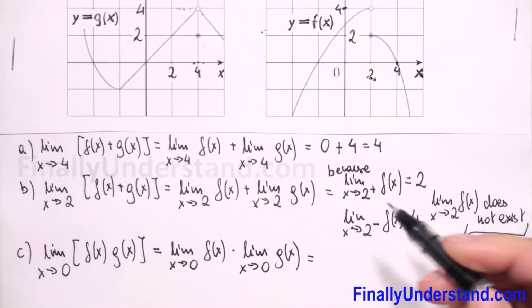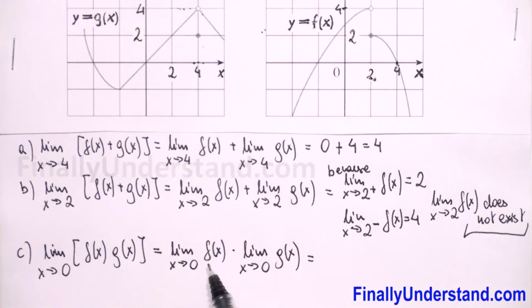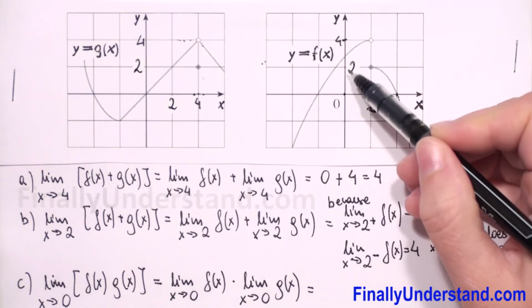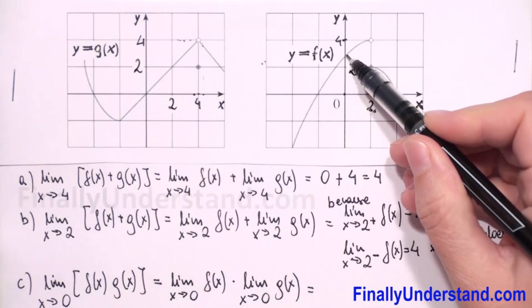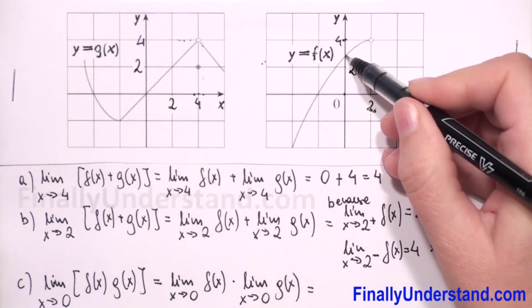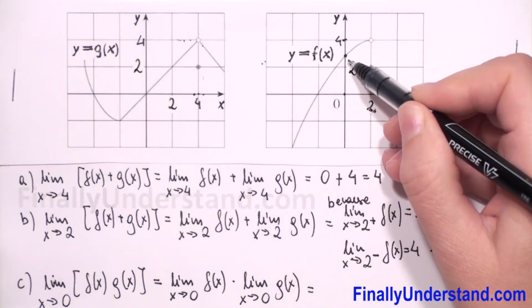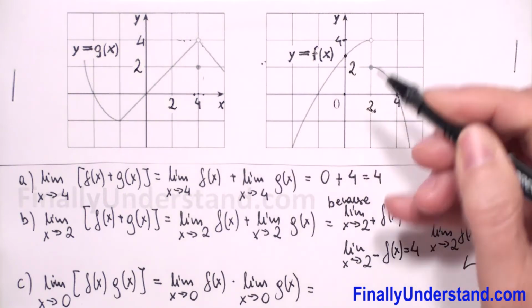So first we'll look at the graph of f. Our function, when x approaches 0, we see that the value of our function is around 2.9.